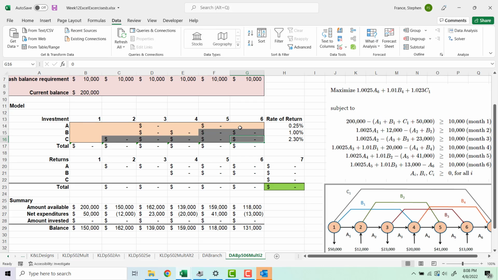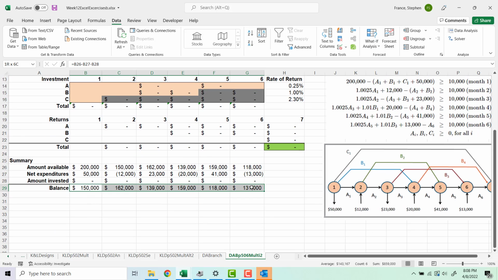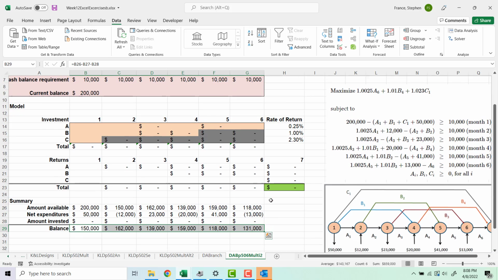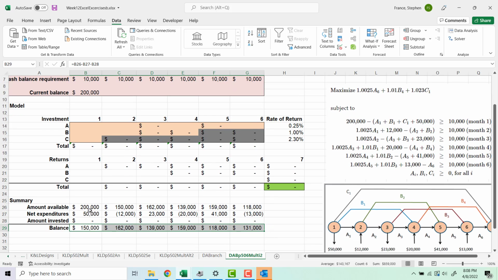That wouldn't make any sense because we don't get that money back. We're losing on that, but we don't explicitly model that. So the main thing is we have all these balance constraints, which are in the mathematical program, and we're just maximizing our return at the end, keeping these balances at $10,000.